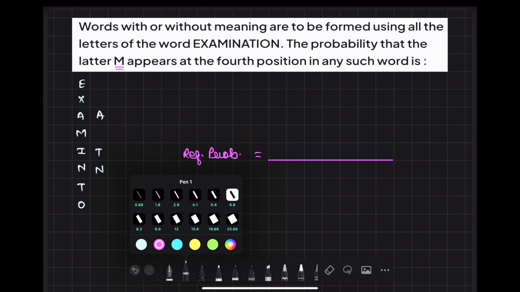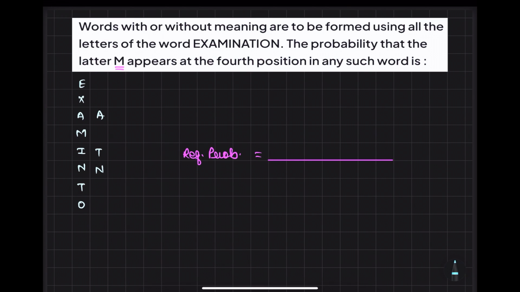Look at this: 4, 4, 8, 12, 11. We have 11 letters. So altogether 11 factorial, out of which some are repeating: 2 because of A, 2 because of I, and 2 because of N, so 2 factorial. So this is the total number of combinations.